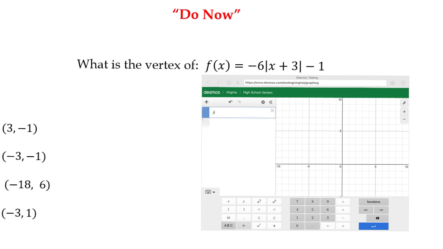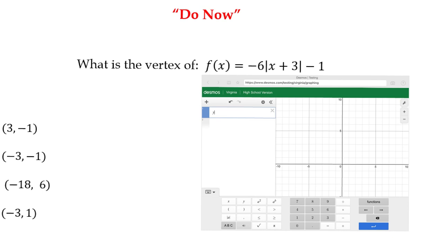All right, in this problem, it asks for the vertex. To get the vertex, again, we are just going to type this into Desmos. And when we type this into Desmos, we are going to get a graph that is a V that opens downward.